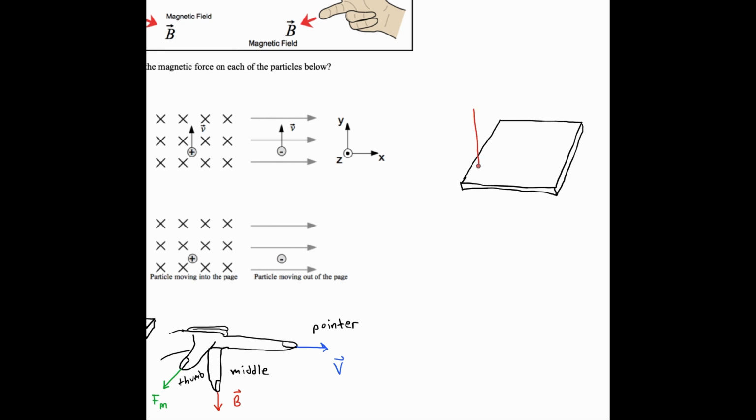Our magnetic field is into the plane once again. And it cuts through the plane. We have a positively charged particle in the plane whose velocity is this direction.